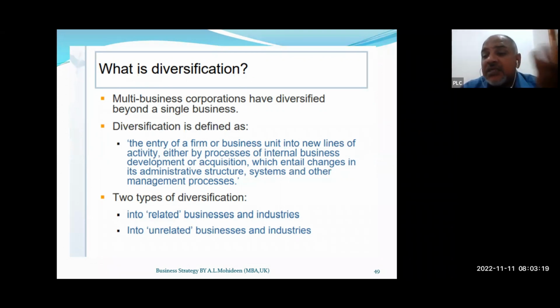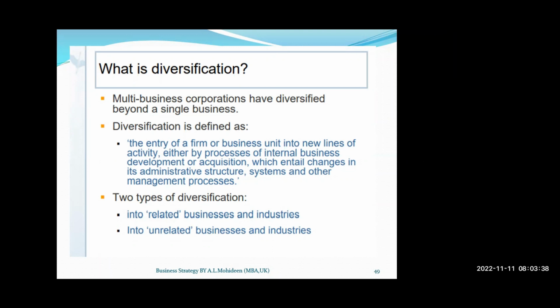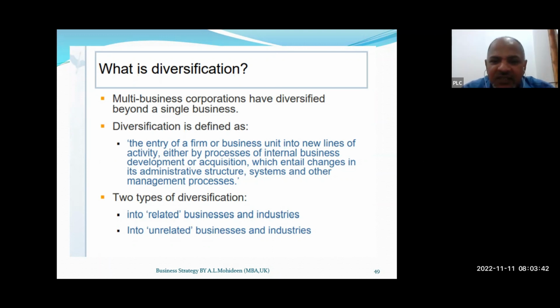So you have the business system, you have the business structure, you have the business culture, setup, everything. When you are buying a new business and joining this business with yours, the role is going to change. Correct? Your procurement role is going to change.